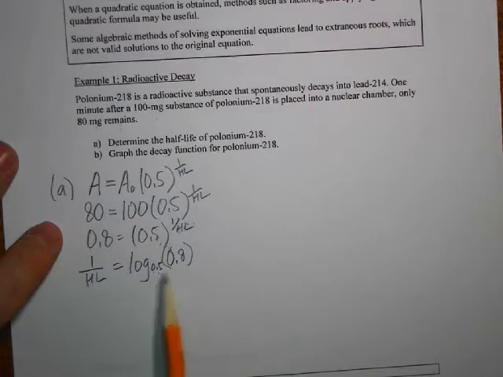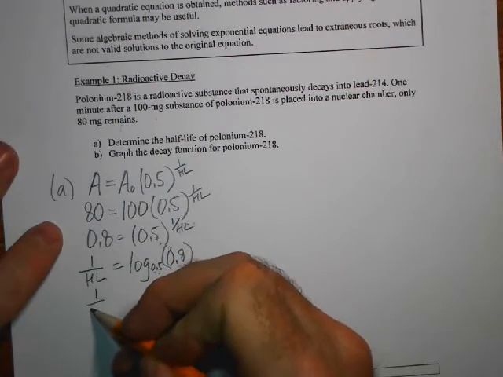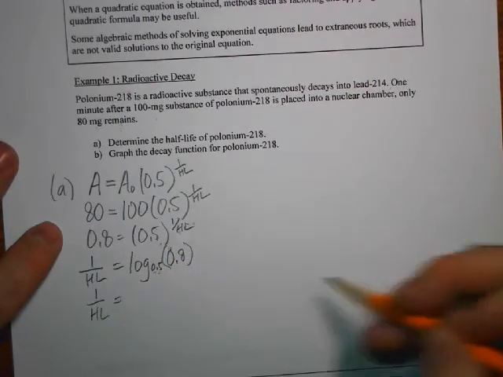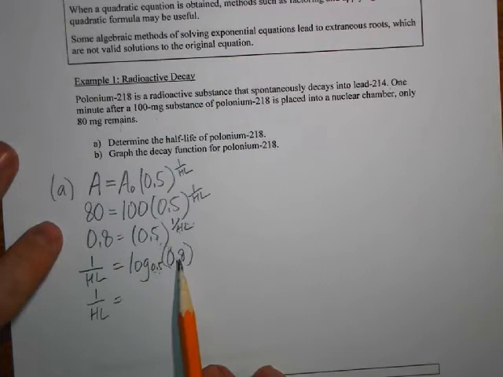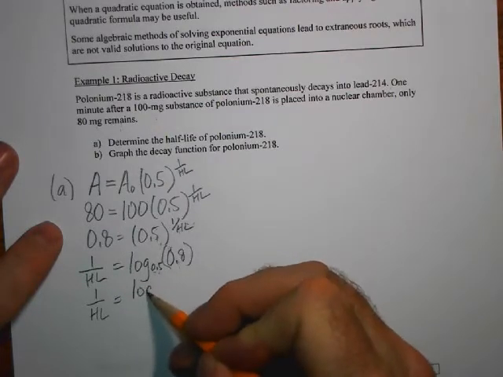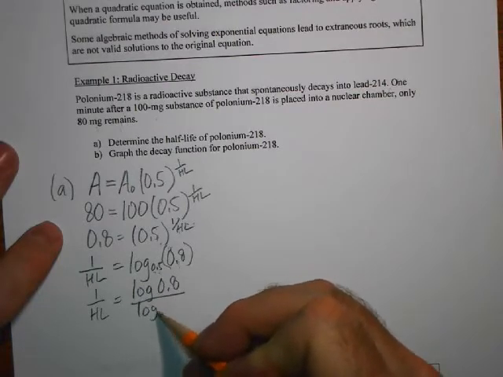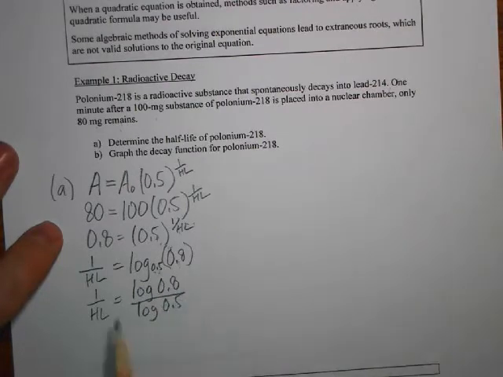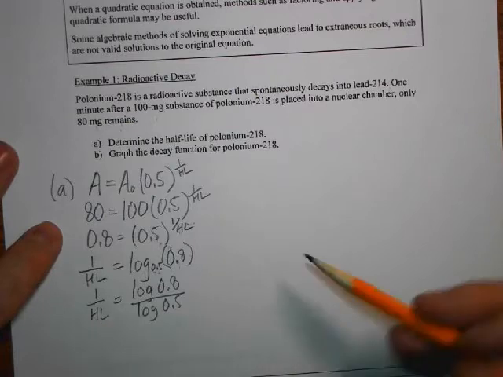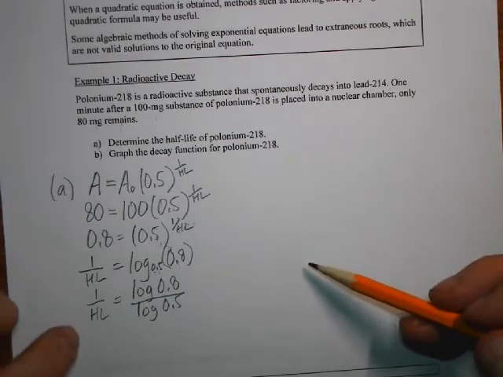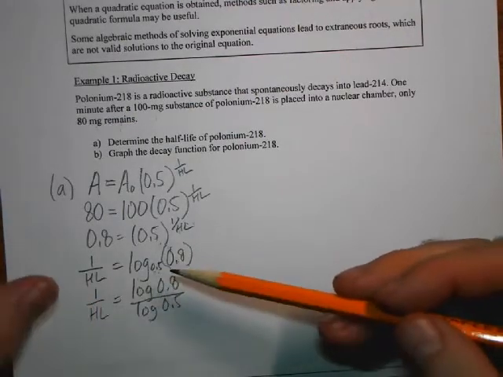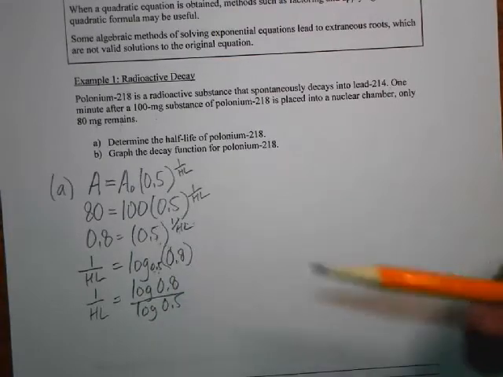How do we get the log using this base? We have to use the change of base rule. So we can rewrite it as 1 over HL is the log of the result over the log of the base, so log of 0.8 over log 0.5. Now, how do we deal with this? The best way is to think about it: if I flip the left side and I flip the right side, it's still equal.